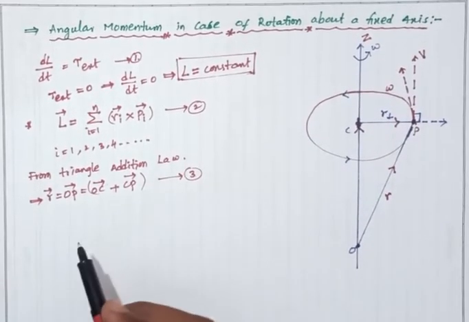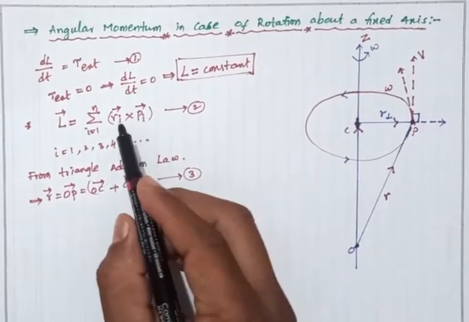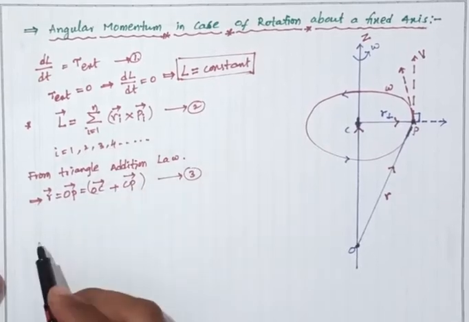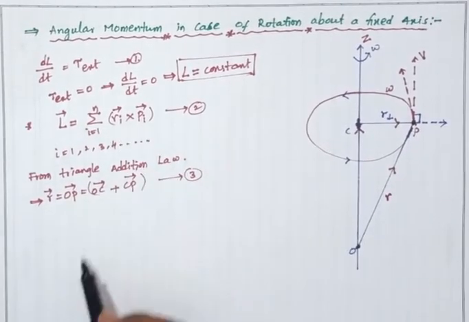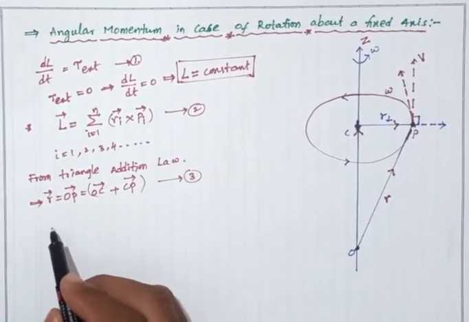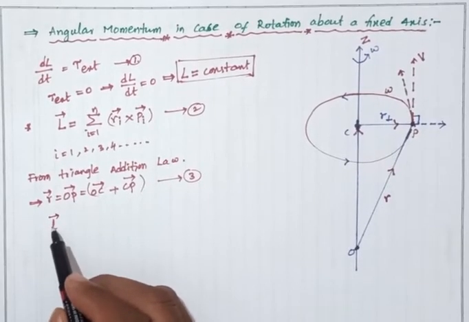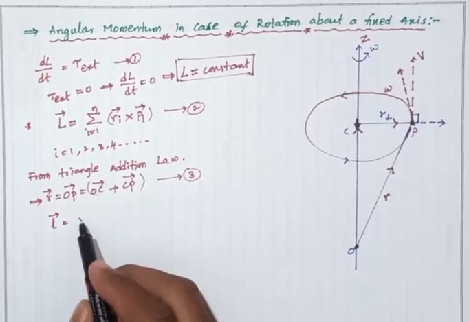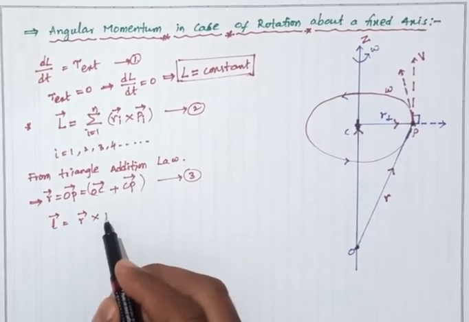Next, the angular momentum of the ith particle: L bar equals R bar cross P bar.